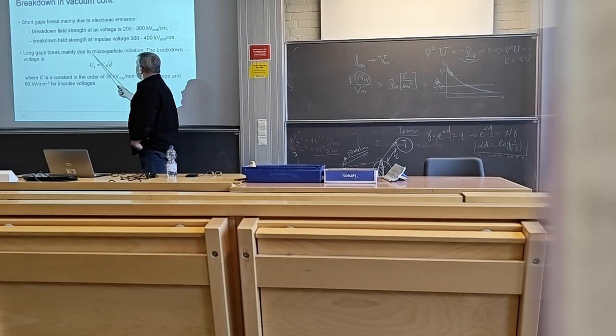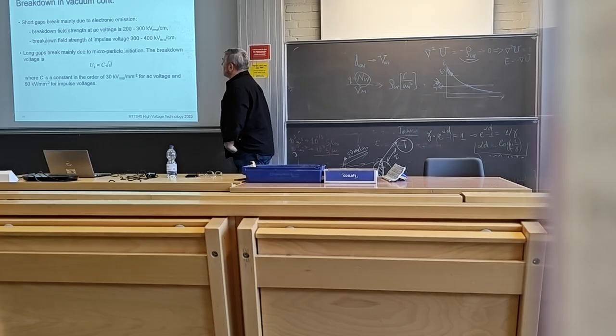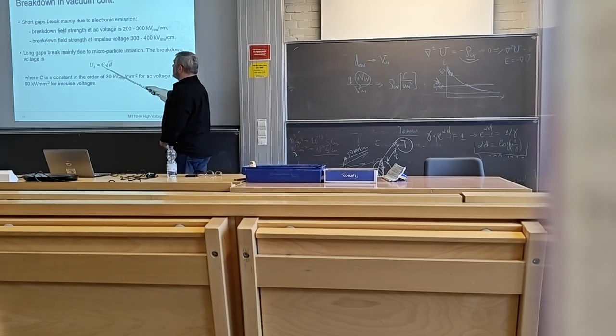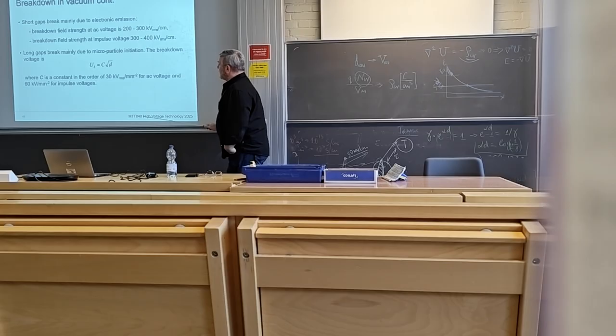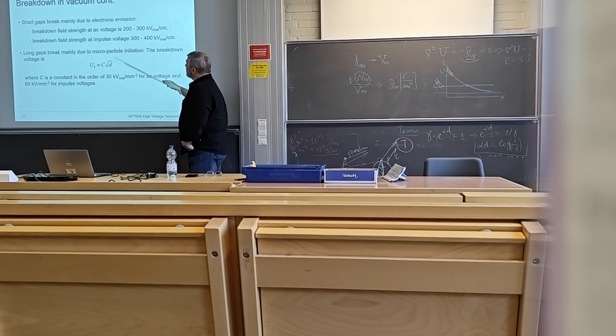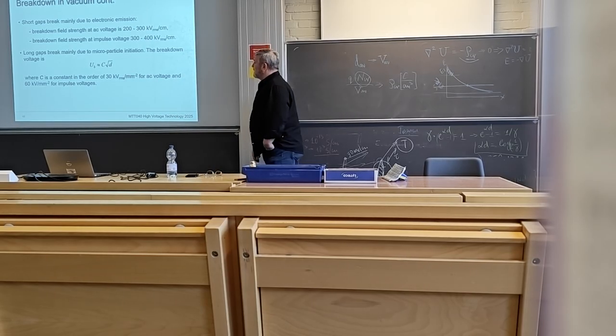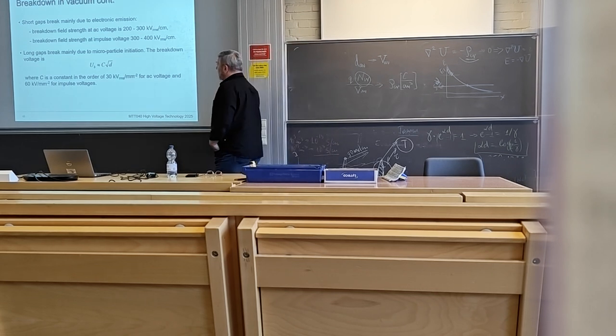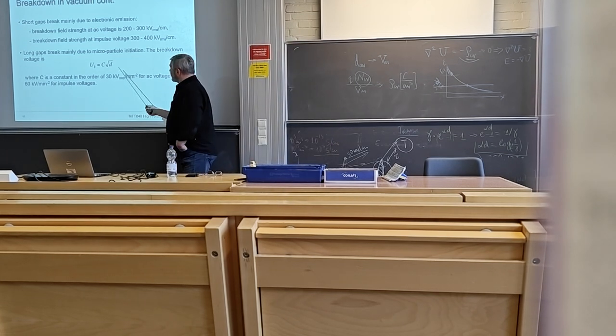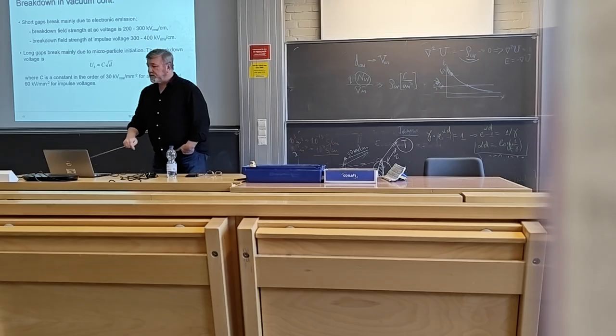Long gaps break mainly due to microparticle initiation, and the breakdown voltage may be just estimated with this empirical formula. So this is the constant, and then you have the breakdown voltage proportional to the square root of the distance between the electrodes. It's for very rough estimations.